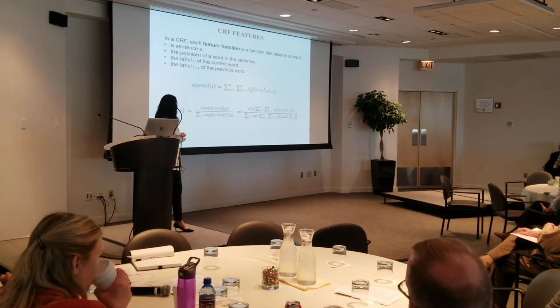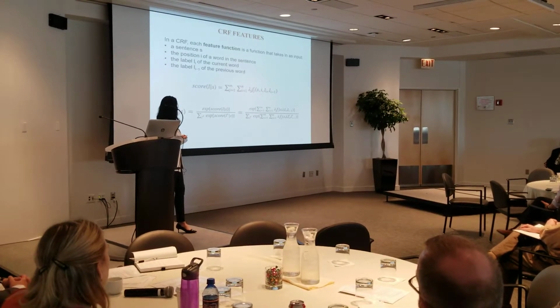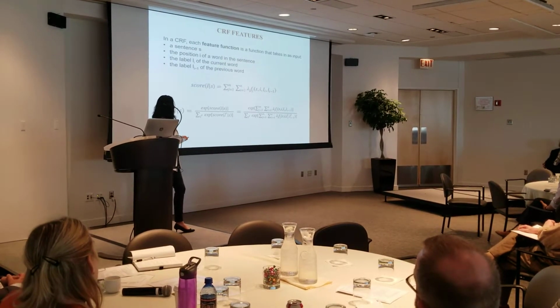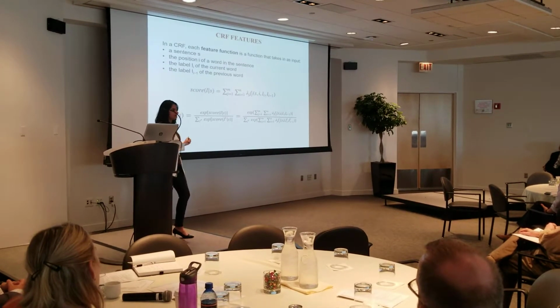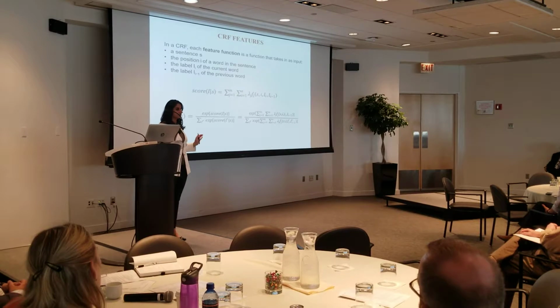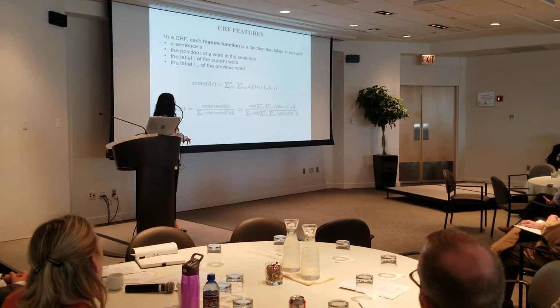So the first loop is for all the feature functions, and the second loop is for all the words in the sequence. And this is as simple as taking a softmax on top of it. So we put this in an exponential space and then we normalize it.